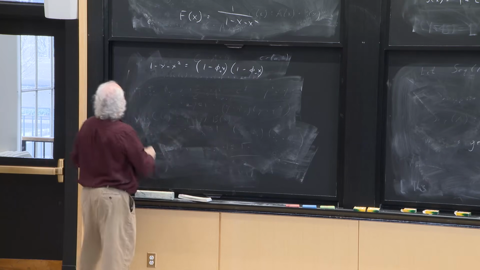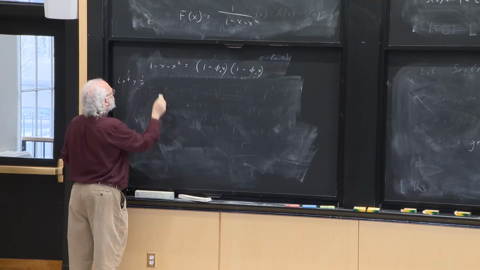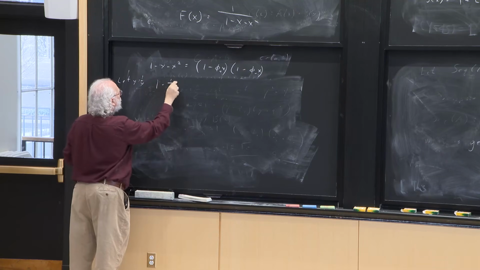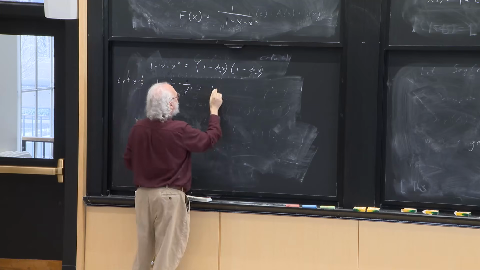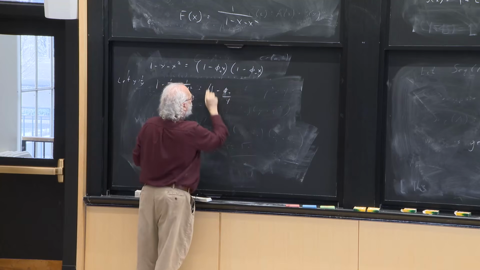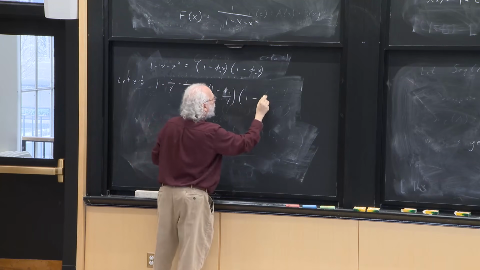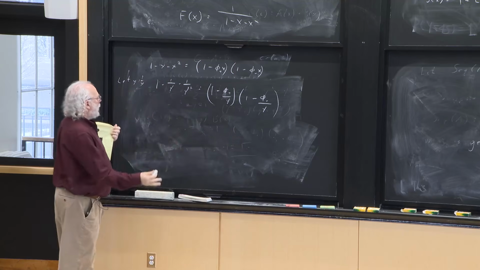Let's let y equal 1 over x. So this is 1 minus 1 over y minus 1 over y squared is equal to 1 minus phi plus over y, 1 minus phi minus over y. Okay.